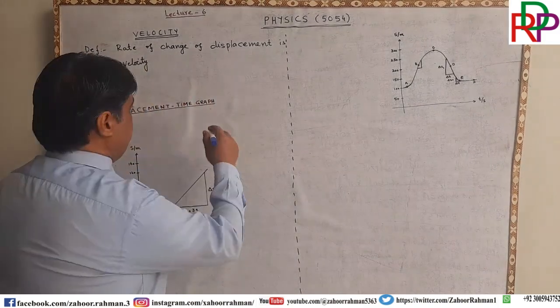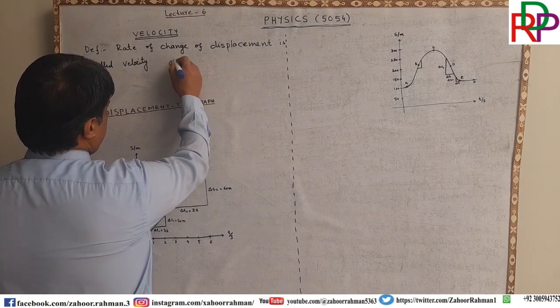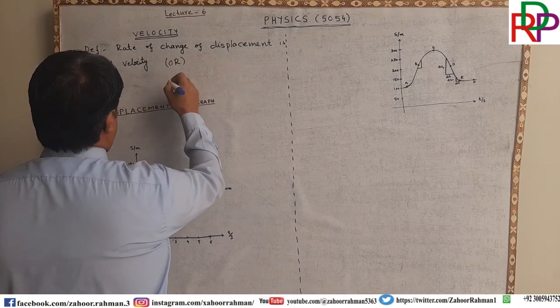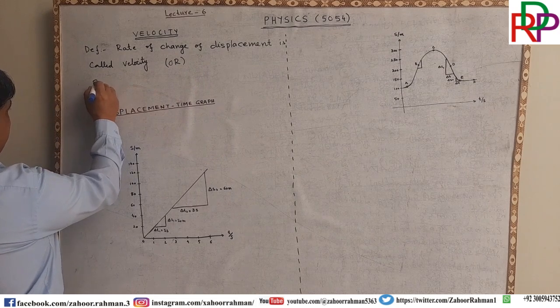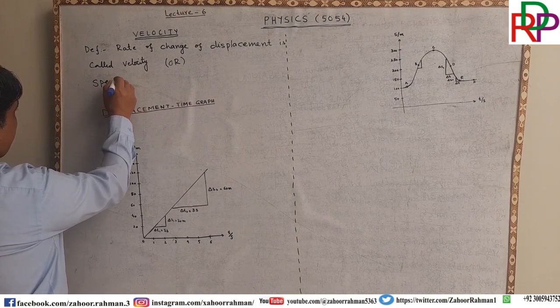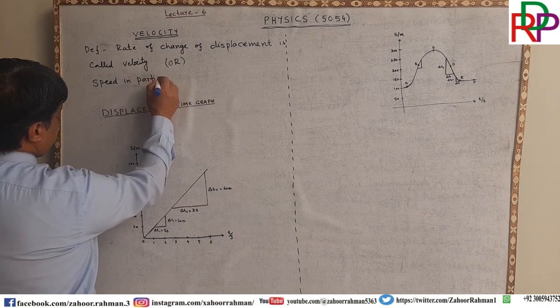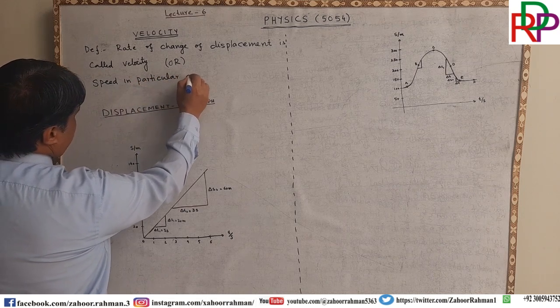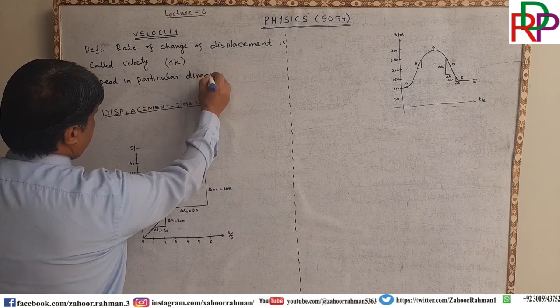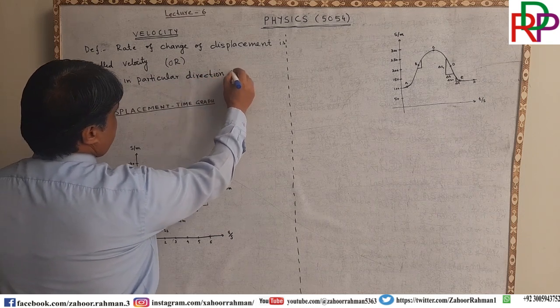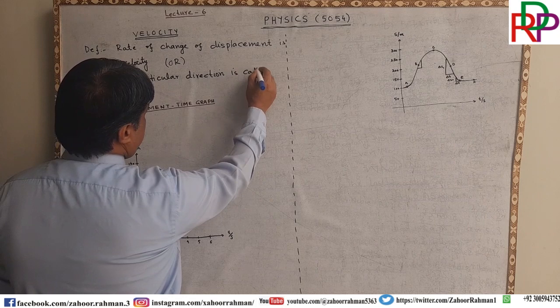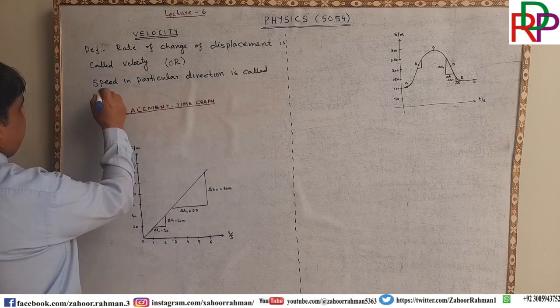There is another definition of velocity. Speed in a particular direction is called velocity.